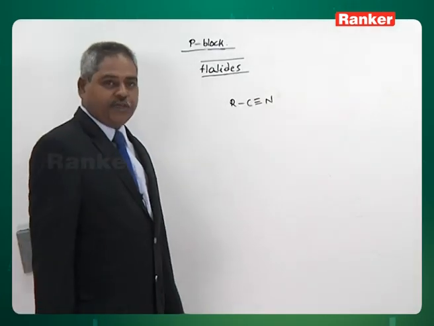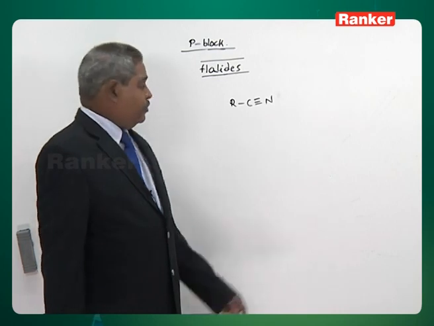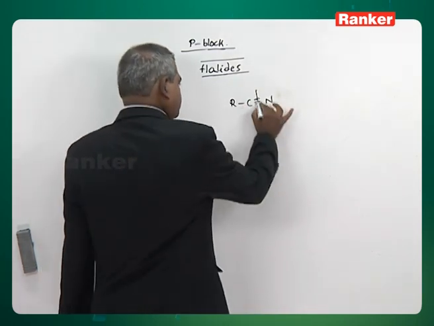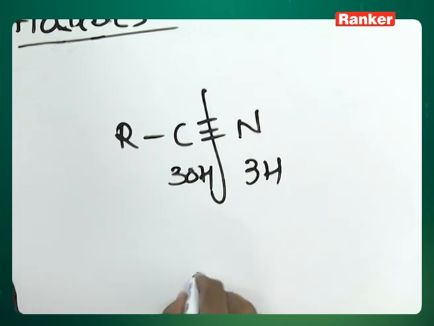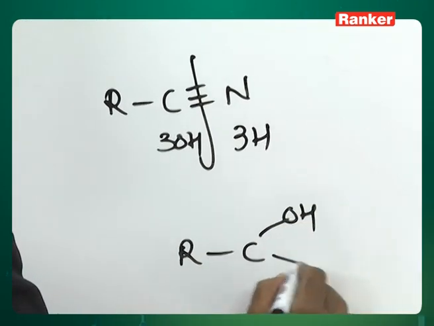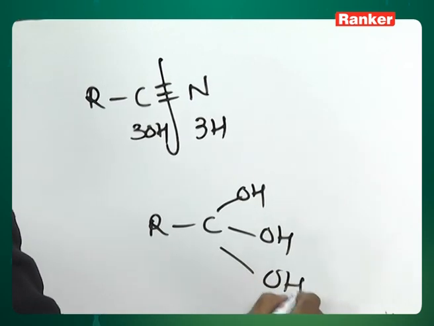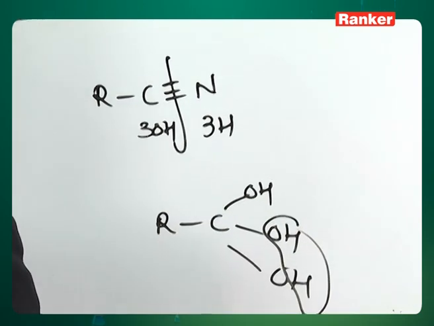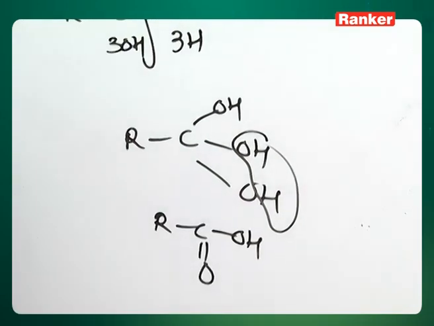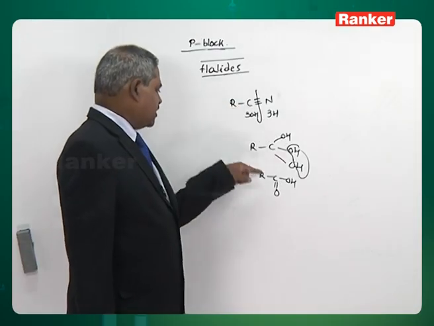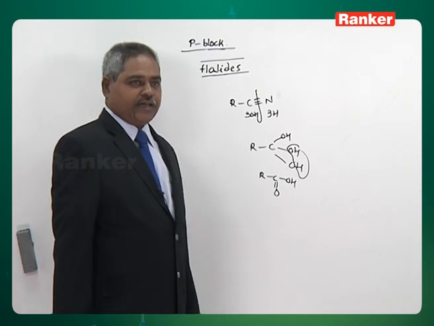Cyanides on hydrolysis give, you know there are 3 bonds. Break the bond. 3H, 3OH. RCOOH. Cyanides on hydrolysis give carboxylic acids.